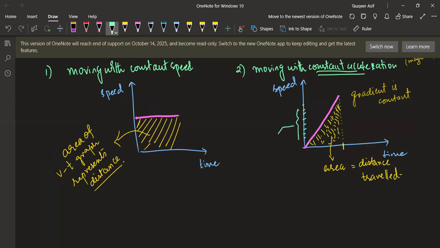Clear? So in constant acceleration, the speed increases, right? And the gradient is going to be positive.